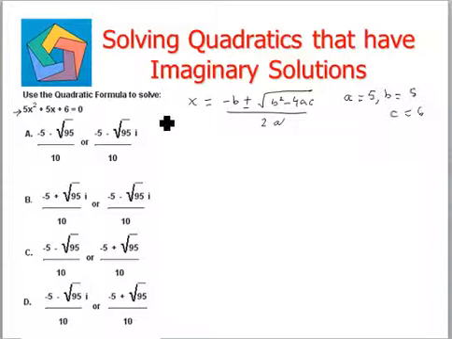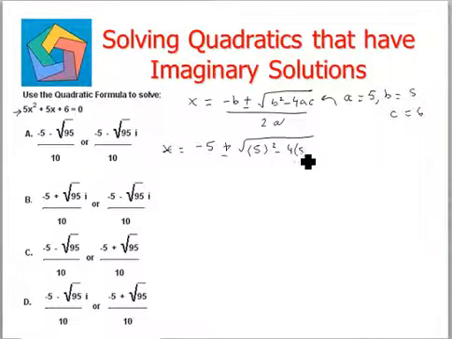Now we'll plug these values in the quadratic formula. We get x equals negative b plus or minus the square root of b squared, that is 5 squared, minus 4 times a, which is 5, times c, which is 6, divided by 2 times a, that is 5.